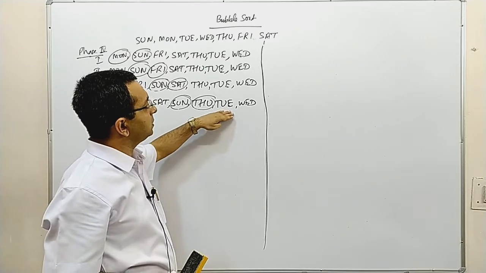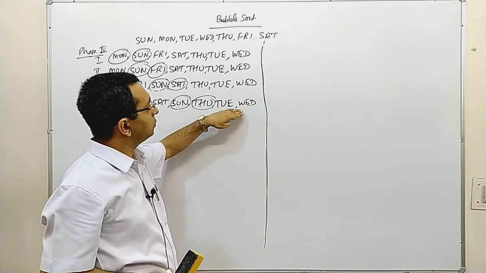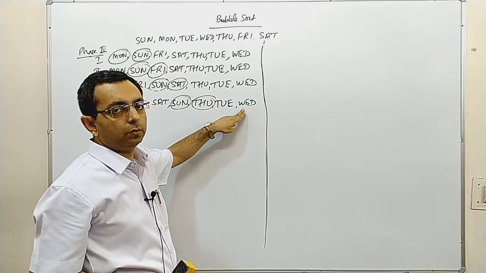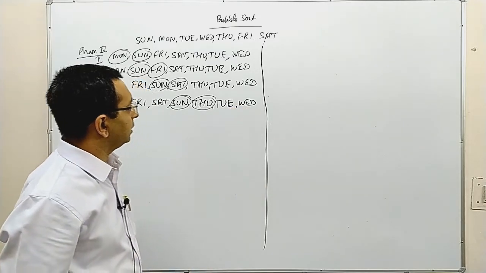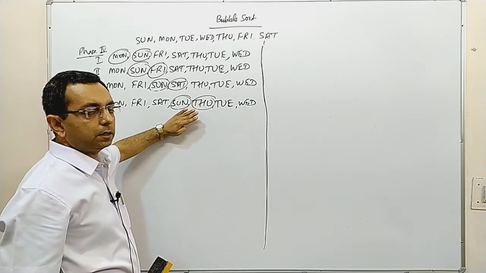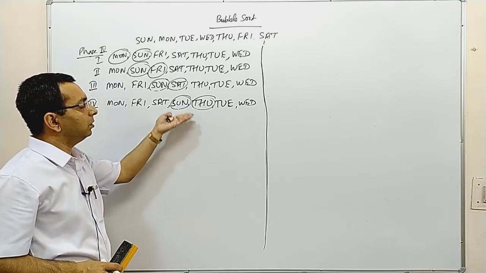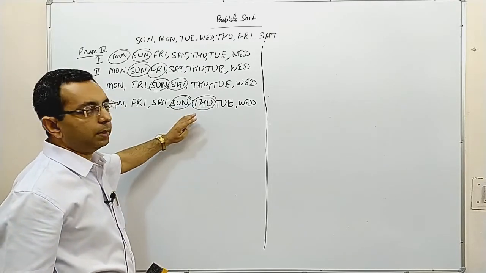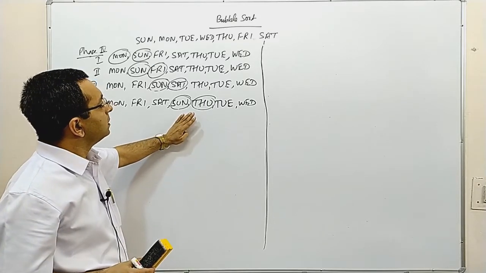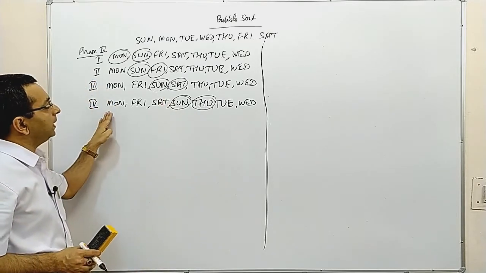Then Tuesday will be compared with Wednesday. Because T is smaller than W, it will be counted as sorted. So here I am leaving this series, but you have to compare all the possible comparisons. After all, you will find the same series.